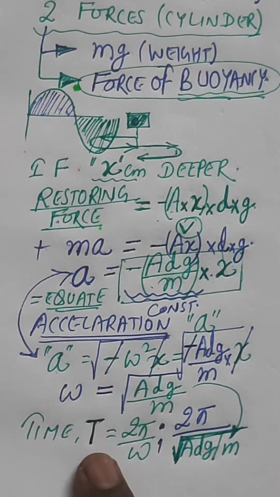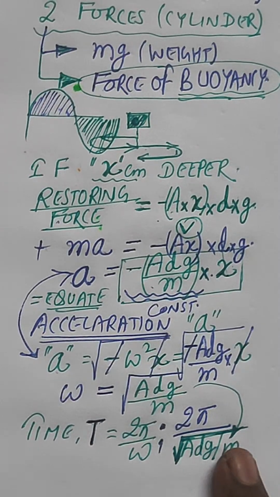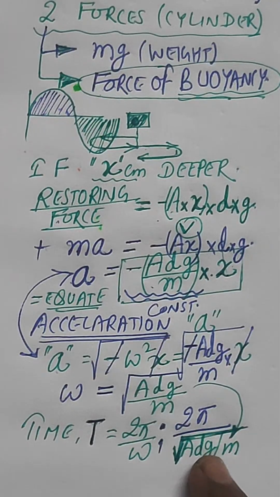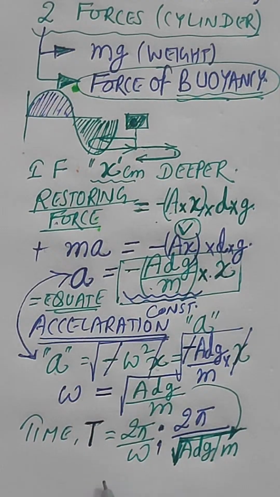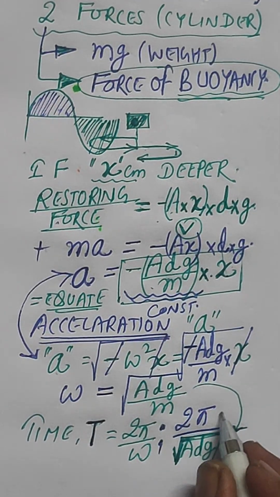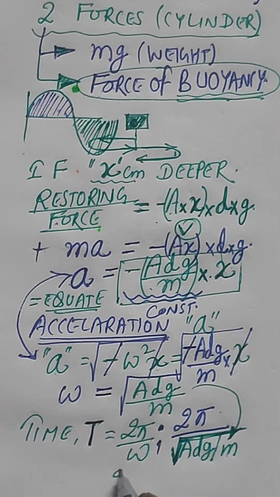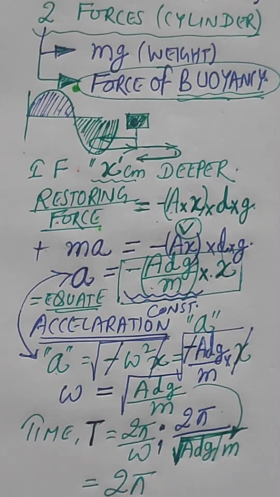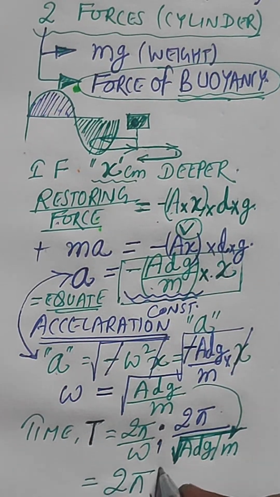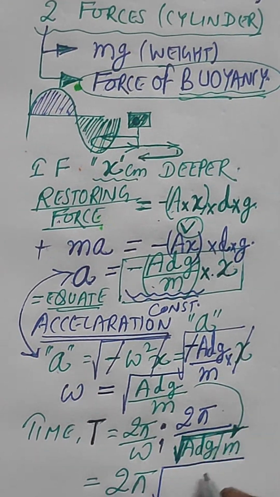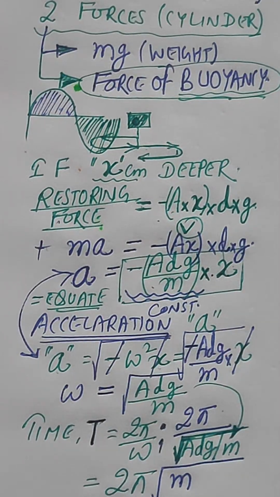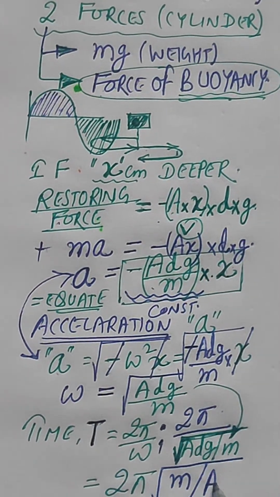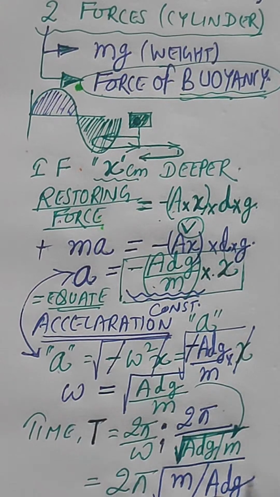Now the time period of oscillation is calculated. Since m will go upward, this will come as 2 pi root over of m by adg.